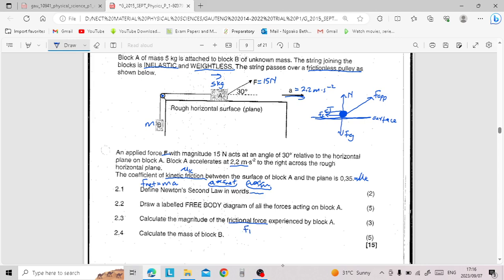So we use Fk equals mu k multiplied by the normal force. So we need the normal force on this object.